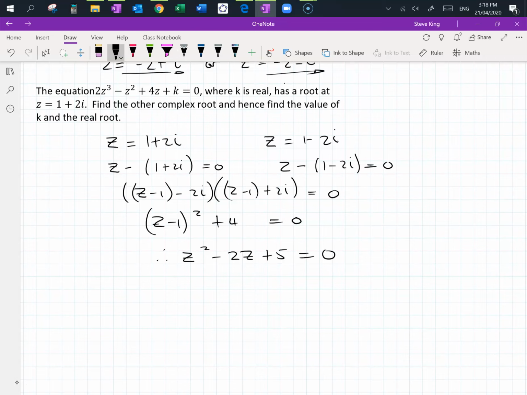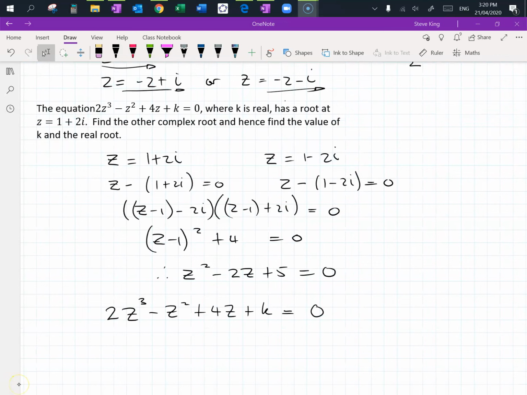And that is a factor of this equation over here, 2z cubed minus z squared plus 4z plus k equals 0. So we've got 2 of the factors, the 2 complex factors.